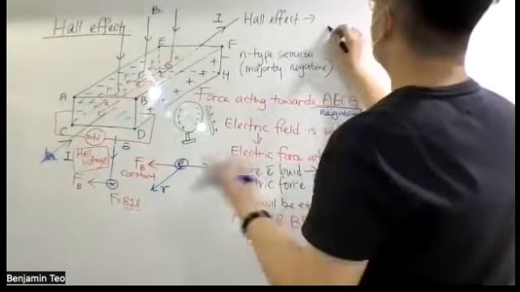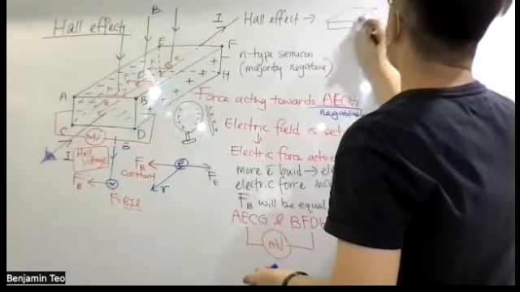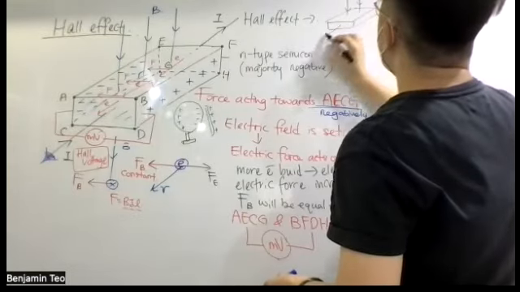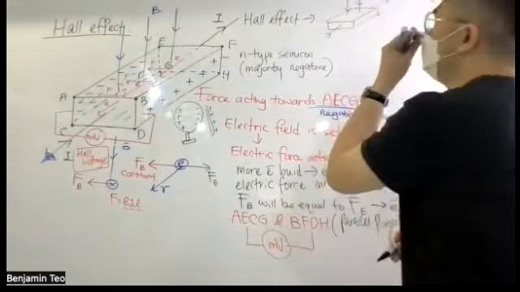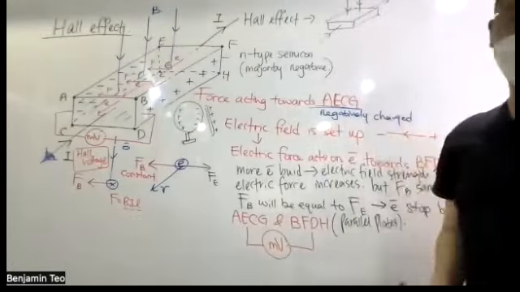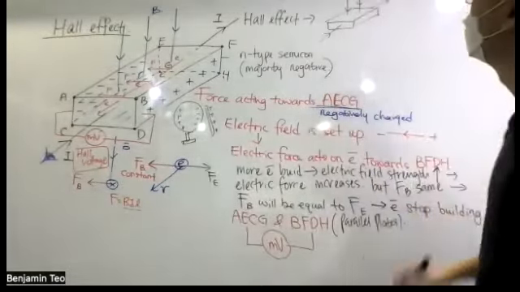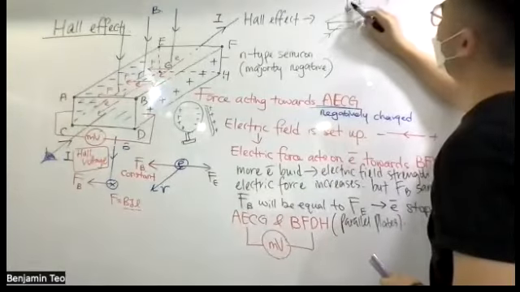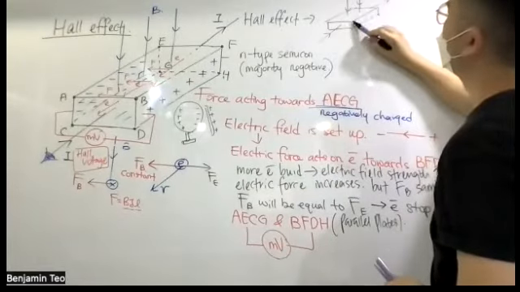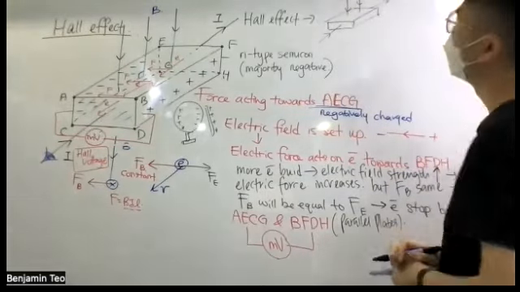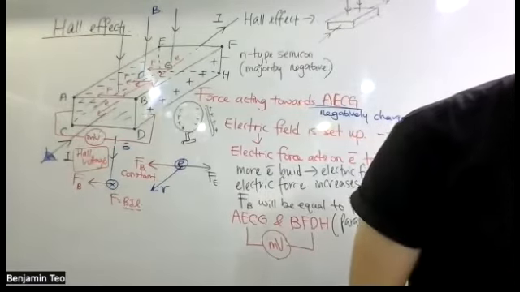Basically, it means if I take any semiconductor, the P-type and the N-type, I allow a magnetic field through it and I allow current to flow through it, like that I get a Hall voltage. That is the Hall effect. I take a semiconductor, allow current and magnetic field, then it will produce the Hall voltage.